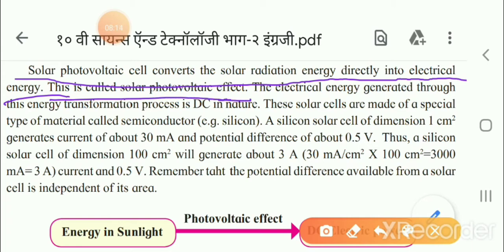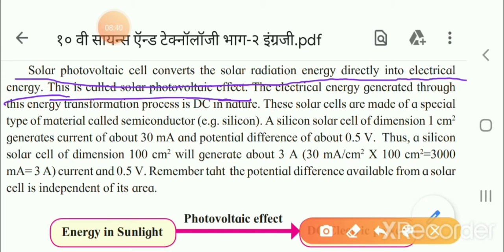The electrical energy generated through this transformation process is DC in nature. Already I told you that it is direct current, or DC, in nature. This solar cell is made of a specific type of material, silicon, and it is a semiconductor. Semiconductor means it can partially conduct electricity.